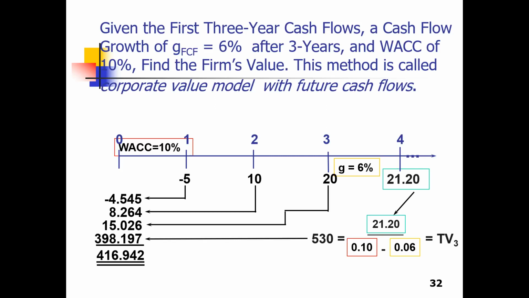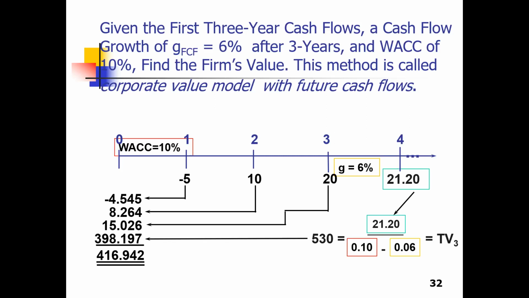But for the years after that, we are using Gordon's formula. The beauty of Gordon's formula is that it can be parked anywhere in the model. Here, we are parking it at year 3.